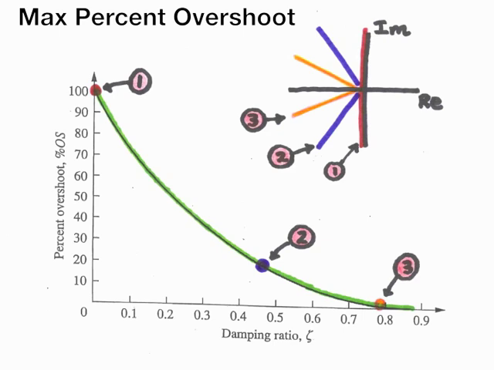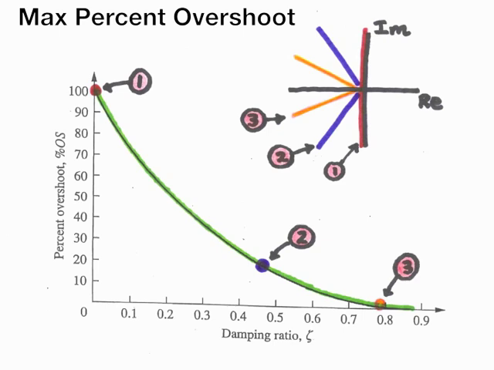Our third case has a zeta value of about 0.8. This corresponds to a percent overshoot very close to 0. The poles would be on lines drawn in orange in the complex plane and labeled 3. That is, the poles are much closer to the real axis in this case than in the other two cases we've considered.